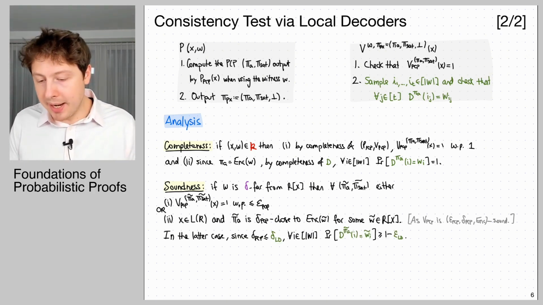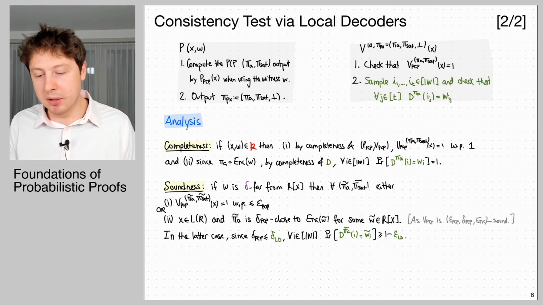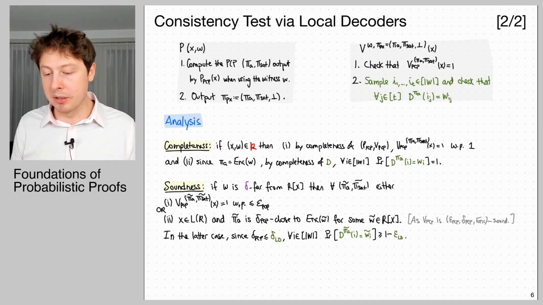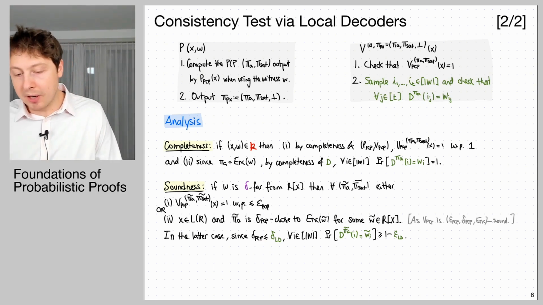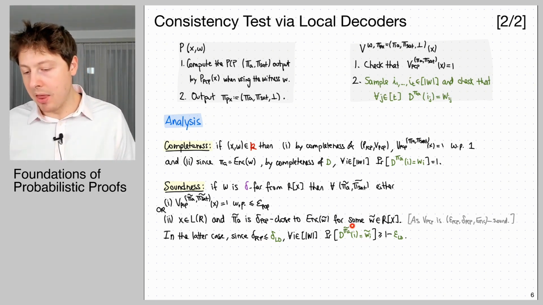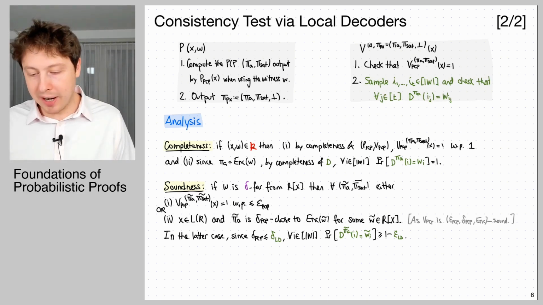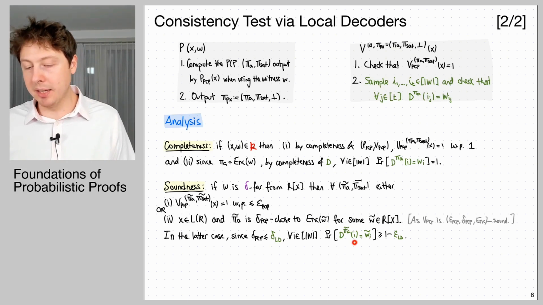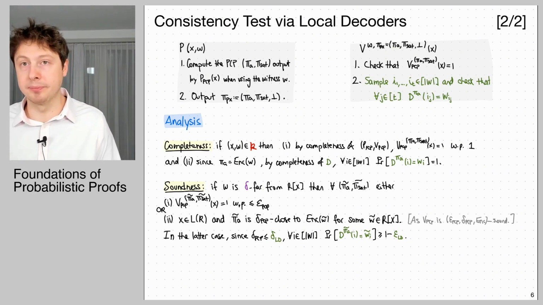So in the latter case, because delta PCP is less than the decoding radius of the local decoder, I know that for every choice of index, when I decode pi a hat, I will find w hat i, at index i, with this probability for any i, okay?